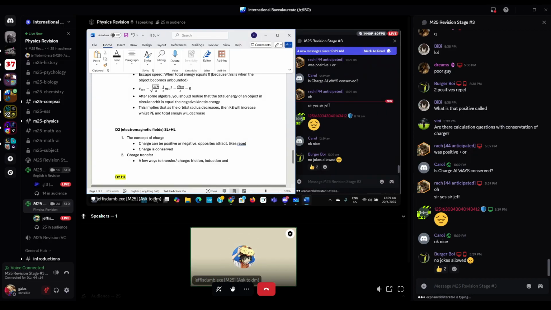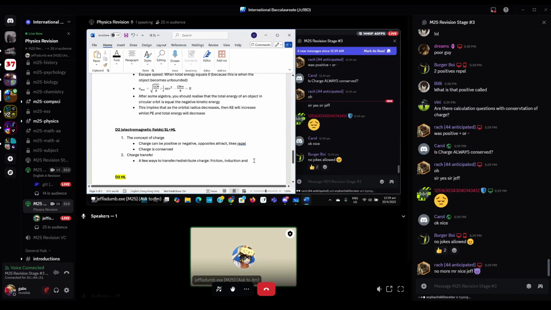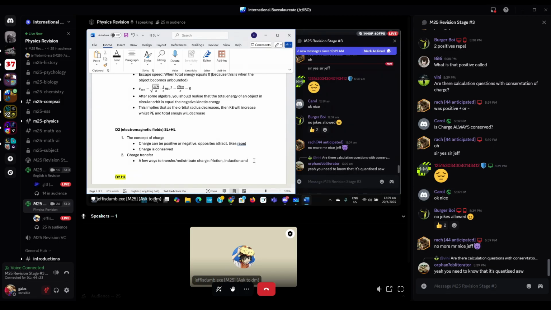I'll say transfer, not distribute charge. You can charge something by friction, induction and contact. For friction, when you rub an object, you might rub off its electrons.